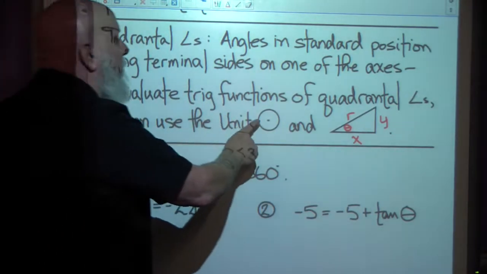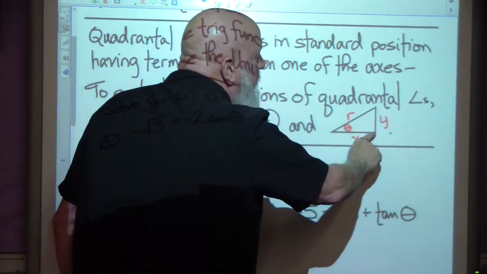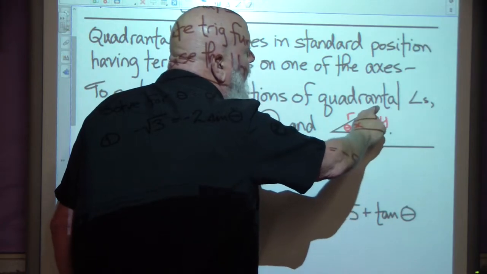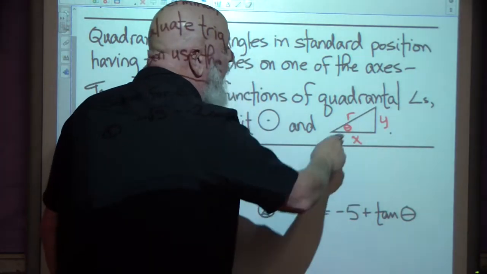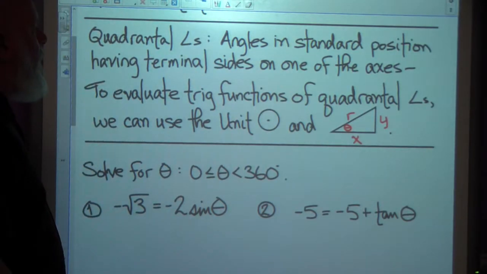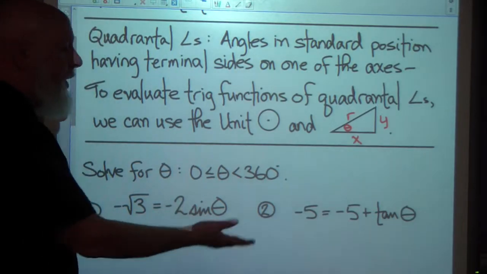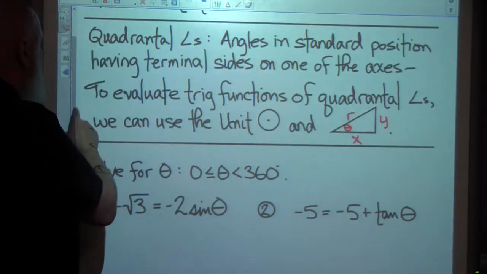Then we're going to use the unit circle and this triangle right here, where horizontal is x, vertical is y, and we'll call this R. I'll show you how to use that to solve our problems today if we have a quadrantal angle, if the rotation stops on an axis.